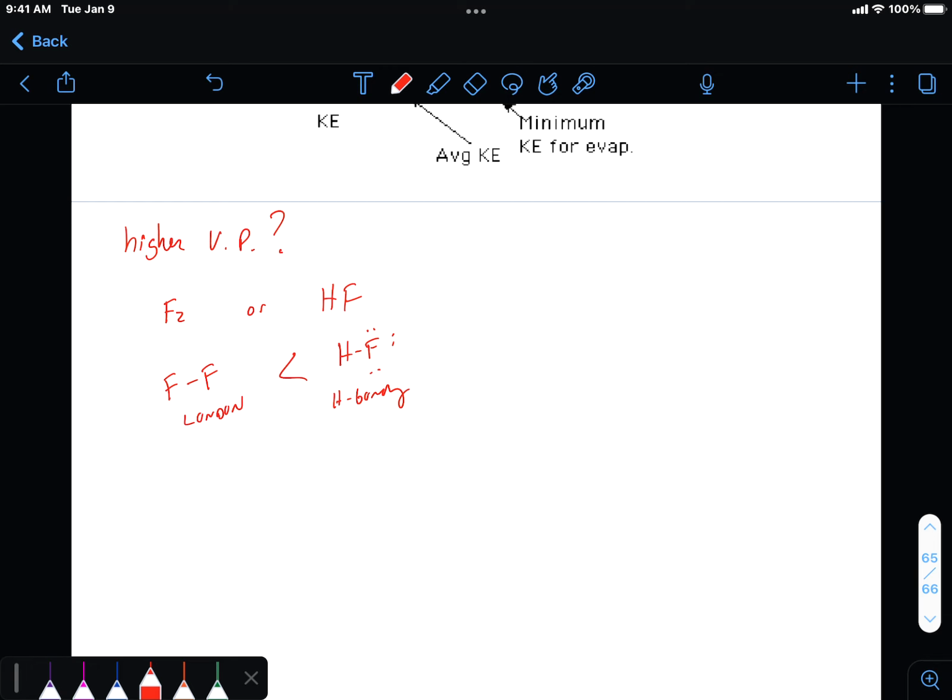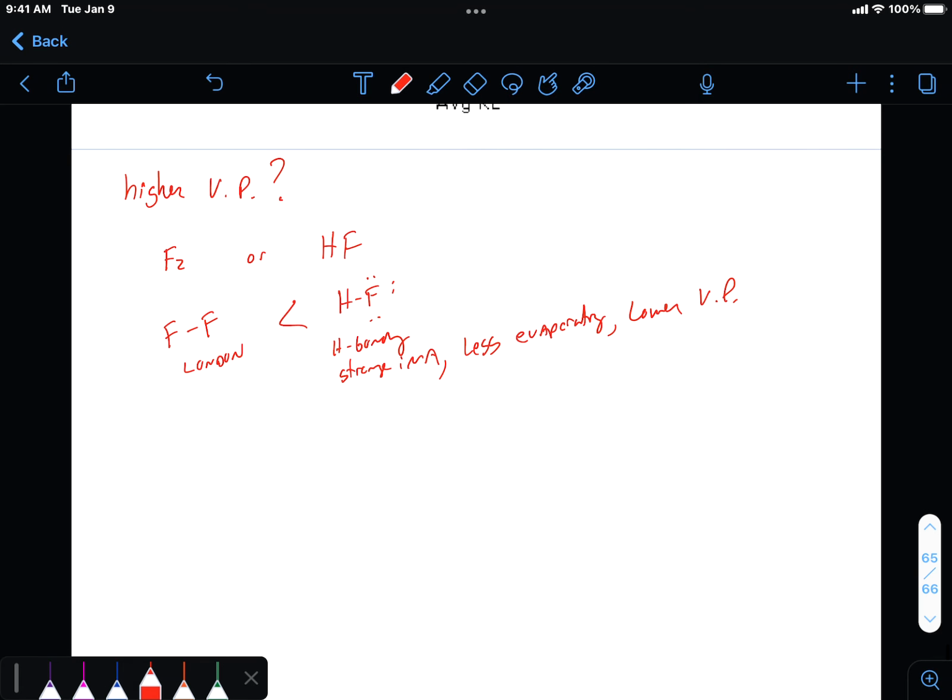So that means H bonding, which is stronger intermolecular attractions, which means less evaporating, which means lower vapor pressure. Okay, let's try another one.